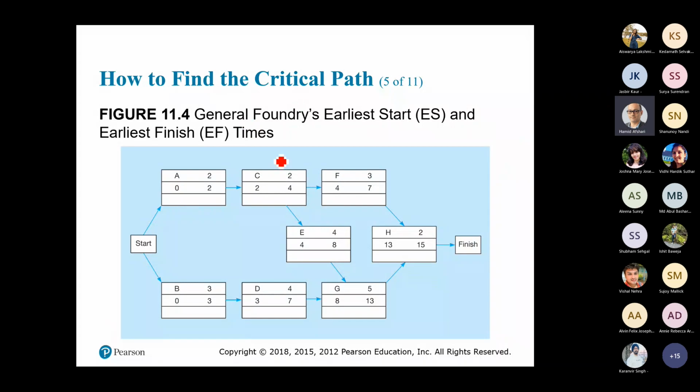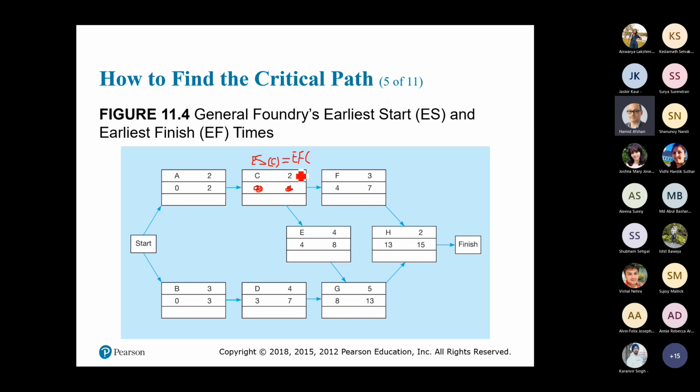So let's say I'm in activity C, and you know that these numbers are not given to me, okay? This is something that I have to complete. So what is the earliest start of activity C? The earliest start of activity C is equal to the earliest finish of activity before that.